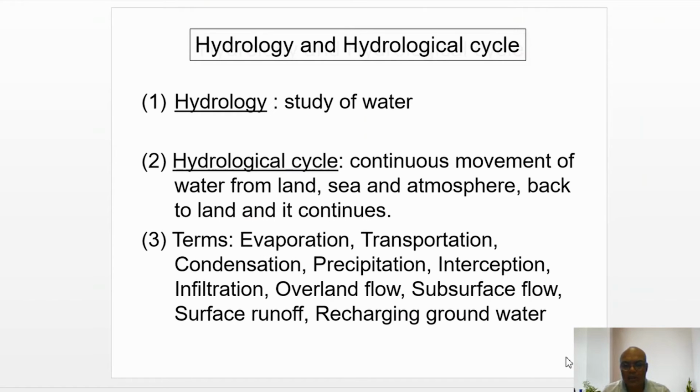So hydrology is the study of water, and the hydrological cycle is the continuous movement of water from land, sea, and atmosphere back to land, and this process continues for millions of years. The hydrological cycle was formed when this earth was formed, and it will be there until this earth exists.